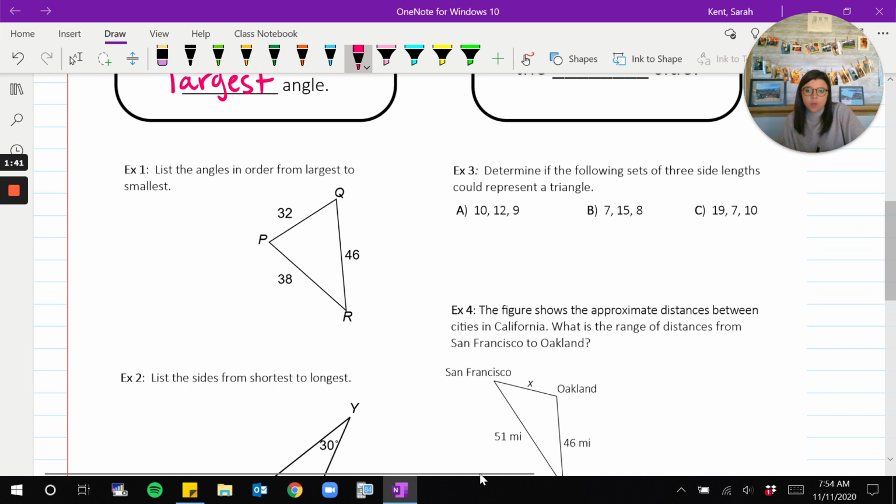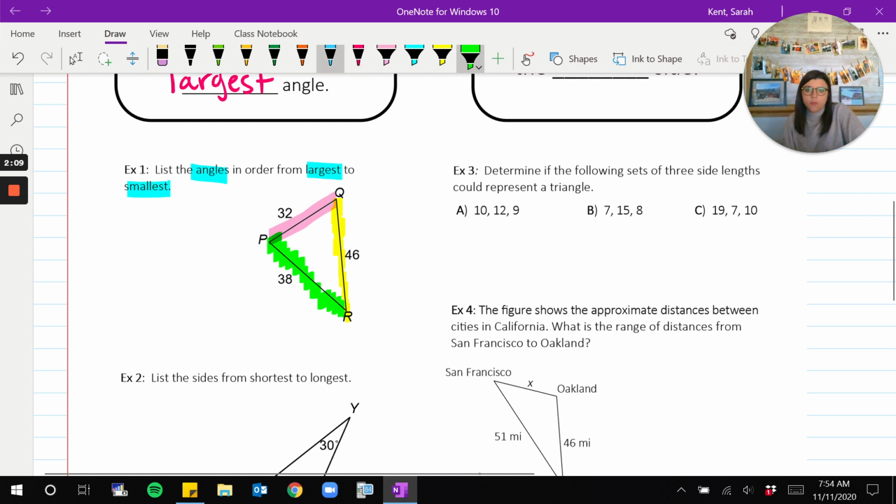So here in example 1, it asks us to list the angles in order from largest to smallest. So if we look at our side lengths, we've got side PQ, which is 32, side QR, which is 46, and side PR, which is 38.